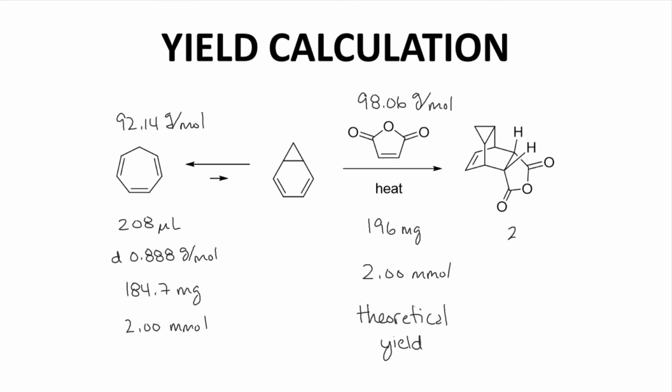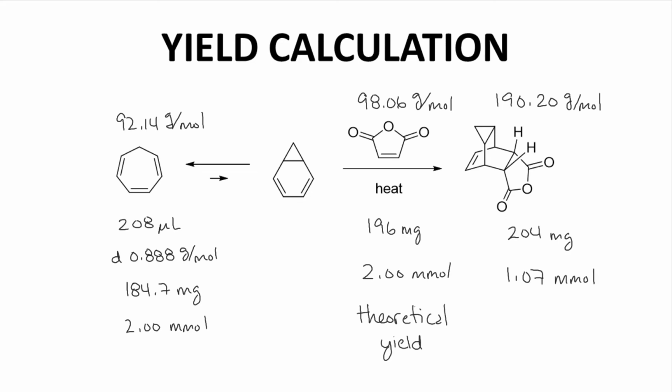What is our actual yield? We obtained 204 milligrams of product based on a molecular weight of 190.20 grams per mole. We obtained 1.07 millimoles of product.